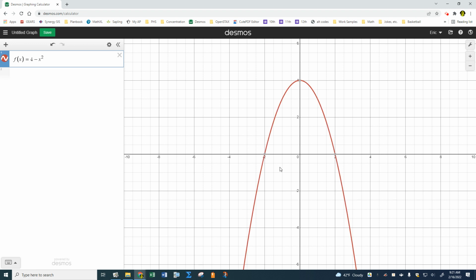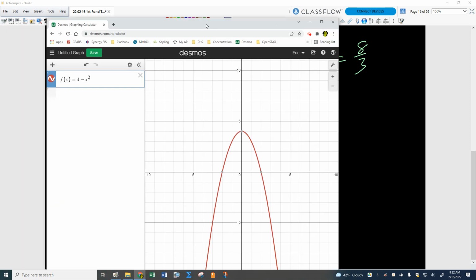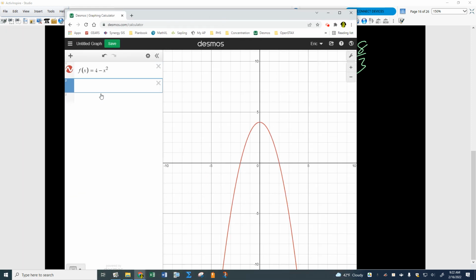There's our function. If we're only looking between -2 and 2, we said that its average value is 8/3. It has that at plus or minus 2 over radical 3. Okay, so let's graph this other function here. Let's graph the function y equals 8/3.